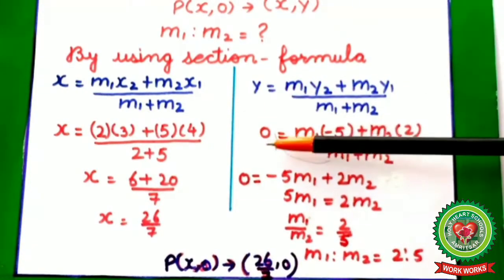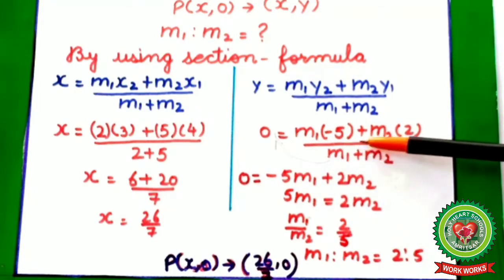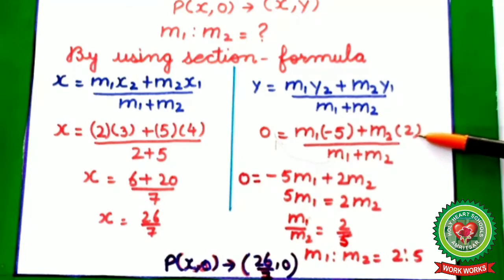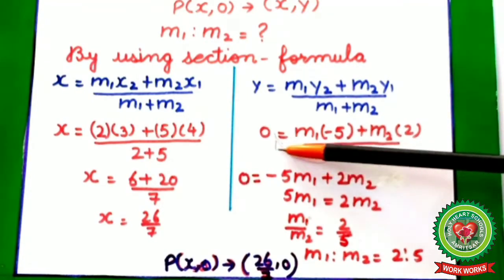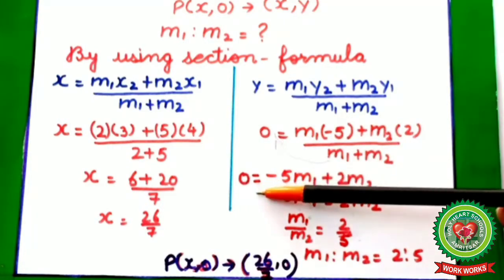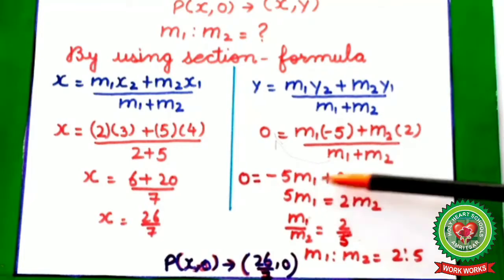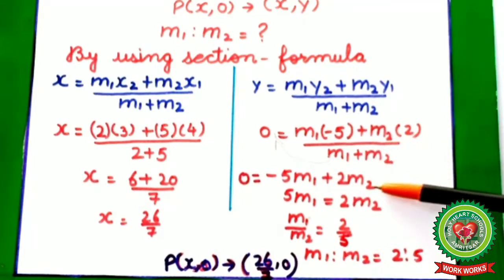Now the value of y is 0 here, so put 0. 0 equals m1 into the value of y2, which is minus 5, plus m2 into y1, which is 2, upon m1 plus m2. So after solving here, m1 plus m2 into 0 is equal to 0. Minus 5 into m1 is minus 5m1 and this one is 2m2.